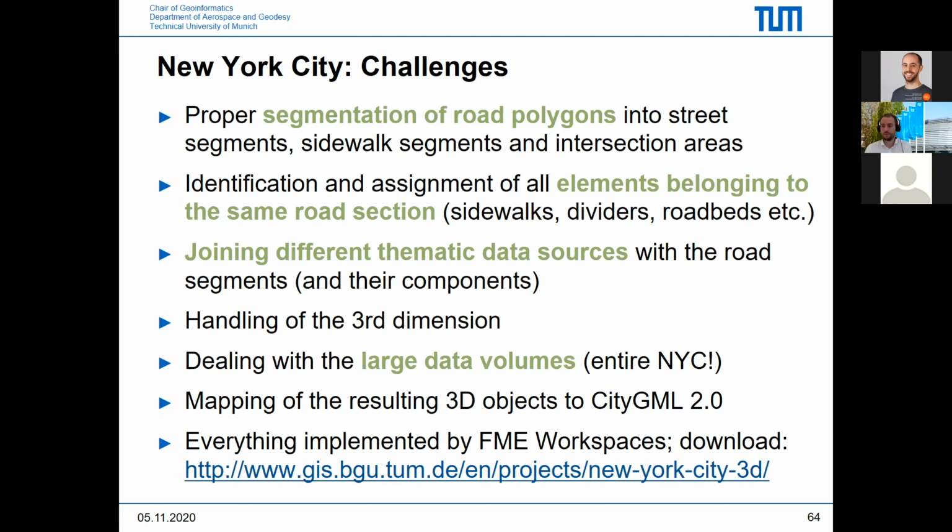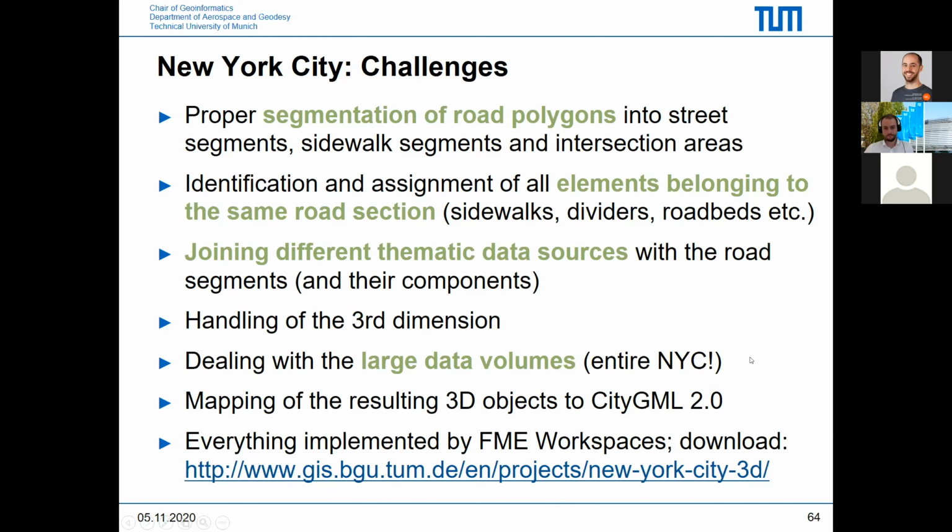Most of the model is provided at base height 0, but we also integrated a terrain model for a small section of the model, and I will show you this soon. And of course, the large data volumes for the entire city of New York City were a major concern, and we had to come up with ideas how to handle this. You can find all this information on the project website. The link is put here.